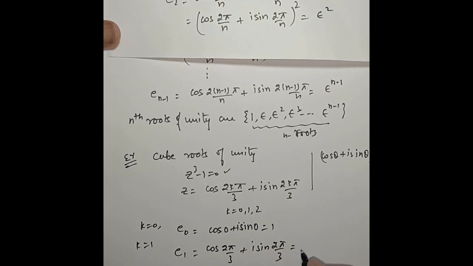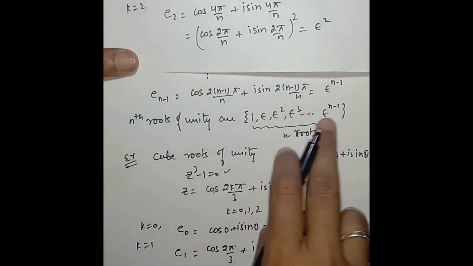If we denote this quantity as omega, then for k equal to 2, e2 is equal to cos 4π/3 plus i sin 4π/3.